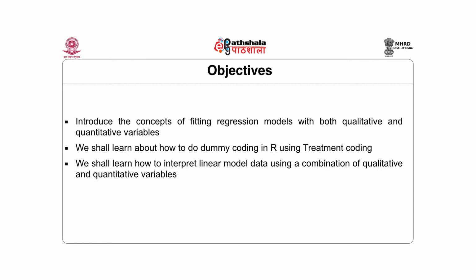For example, gender, male, female, or ethnicity, Indians, non-Indians, or within the Indian ethnicity or religion, for example, Hinduism, Islam, Christianity, etc. You get the drift. That is, you're dealing with, on the one hand, continuous explanatory variables and categorical explanatory variables, and we want to put both of them together.